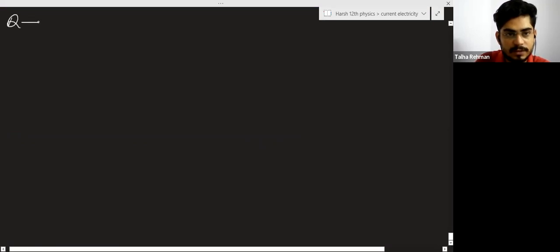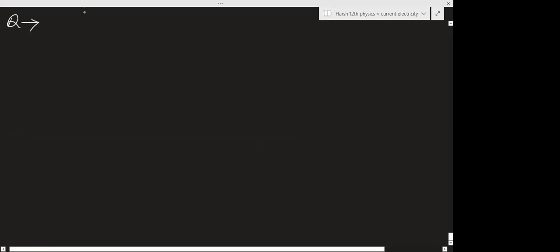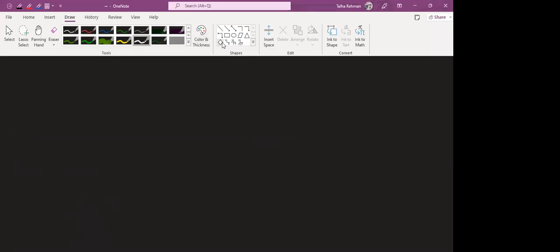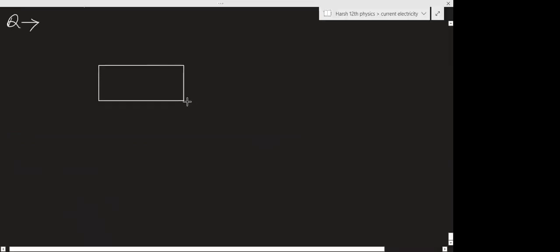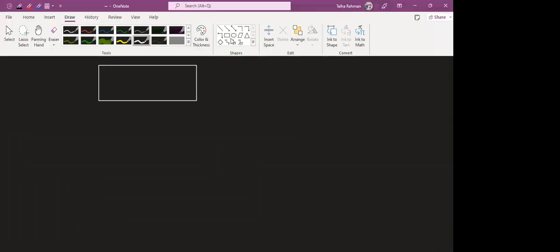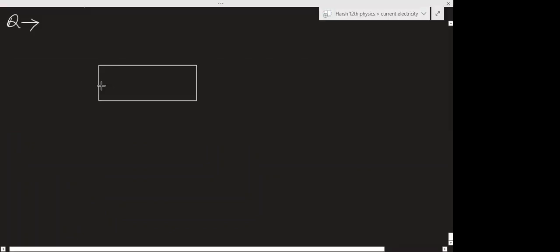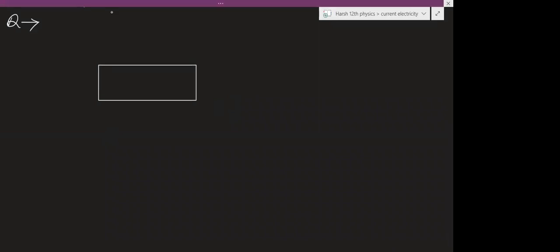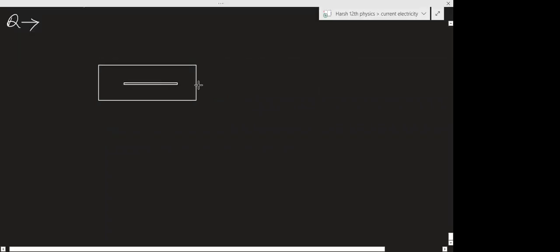Just see here, there is a cuboid given like this.